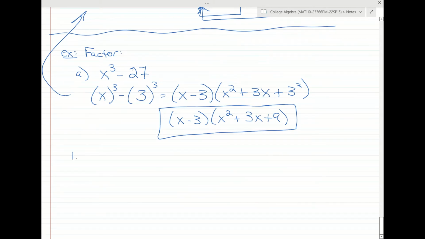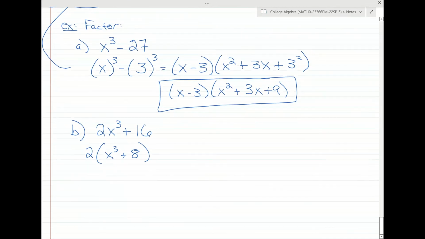What if we had a problem like this, where it's 2x to the third plus 16? We're going to factor out that 2 first. And then think, x to the third is really just x to the third. 8 is what to the third? 2, right?